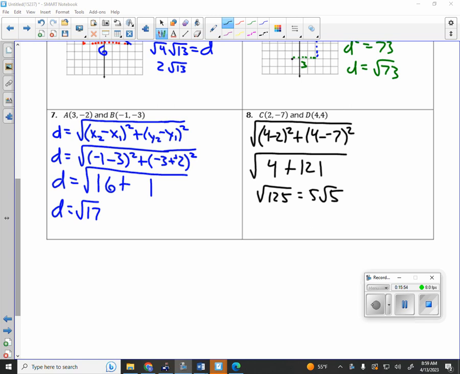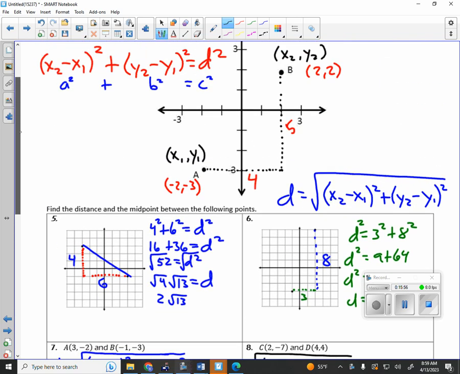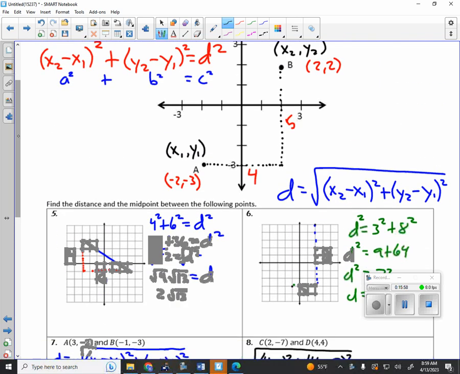Okay. All right, last piece we need to do is just also determine the midpoint. This is the formula for distance. We have one more formula for midpoint. And the midpoint is simply the average of the x values and average of the y values. So it's a coordinate.